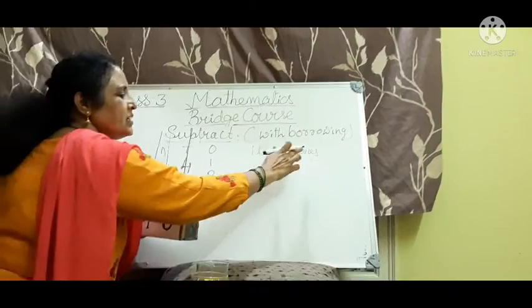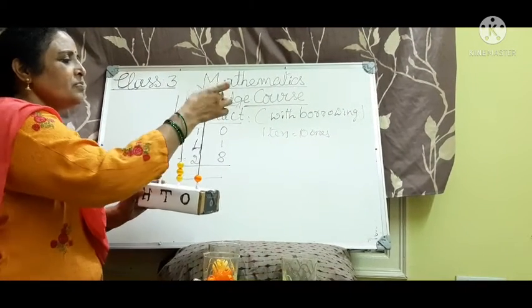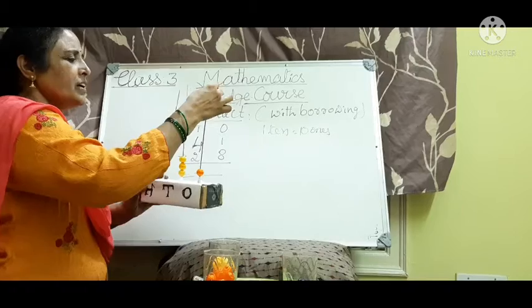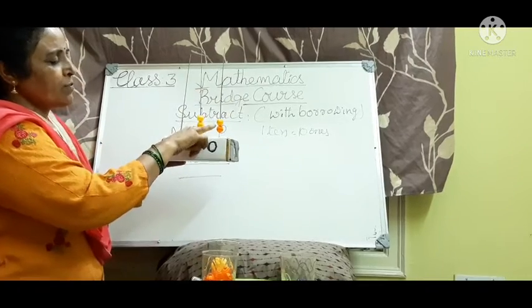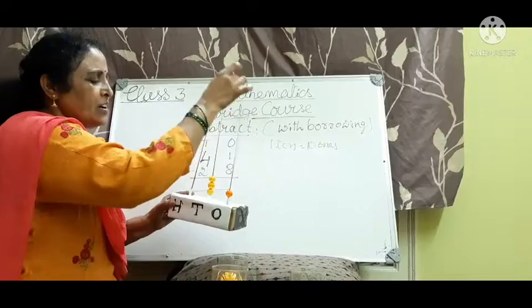Now we will take 1 ten to this side. Now see, this color is different, no? Now we will change this 1 ten to ones.